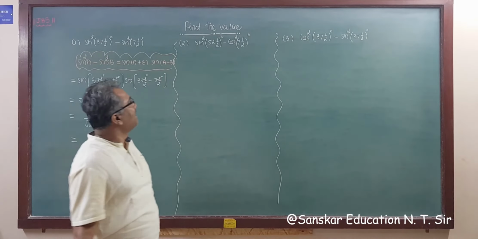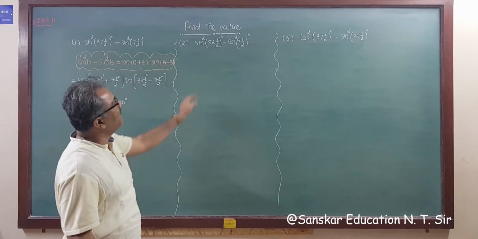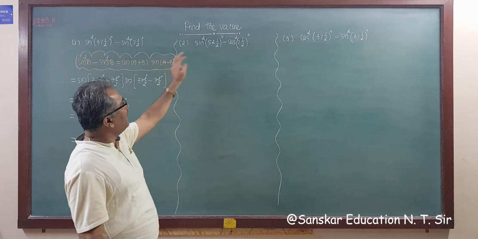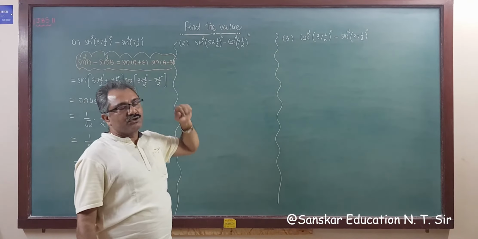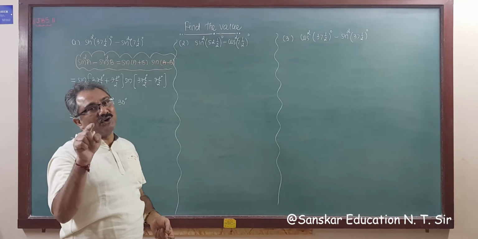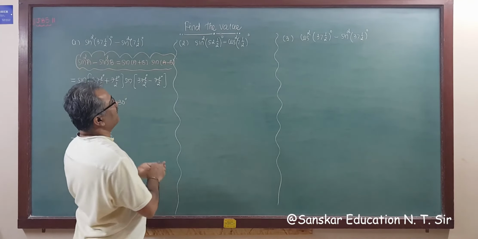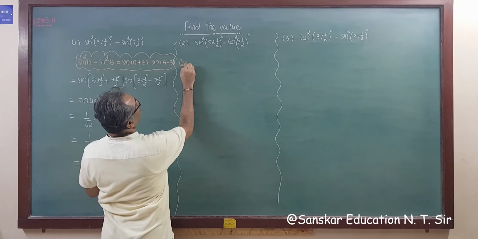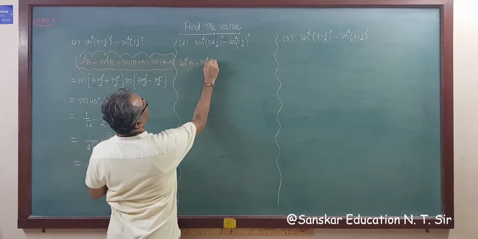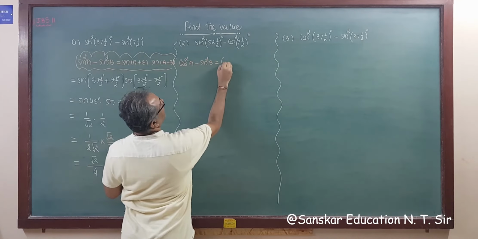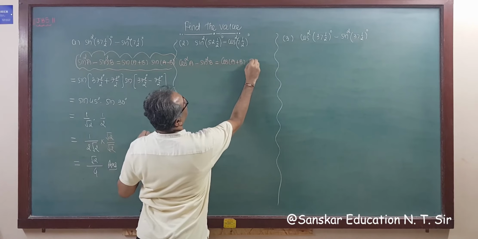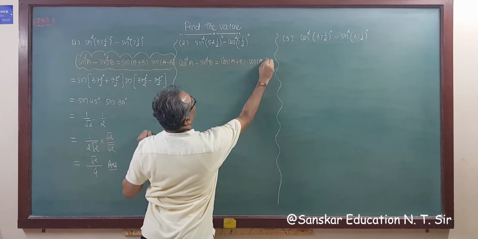Now second, sin square 52.5 degree minus cos square 7.5 degree. There is no formula for sin square A minus cos square B, but there is a formula for cos square A minus sin square B: the answer will be cos(A plus B) into cos(A minus B).